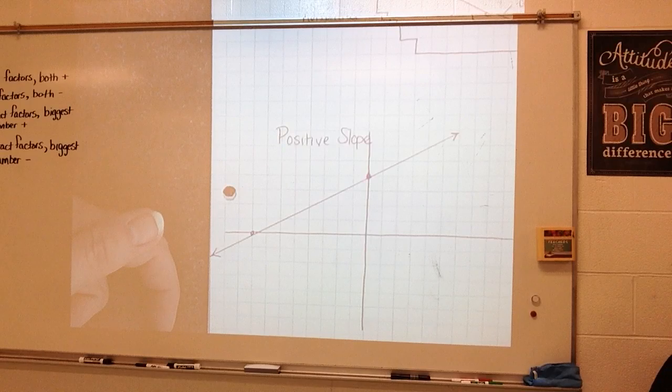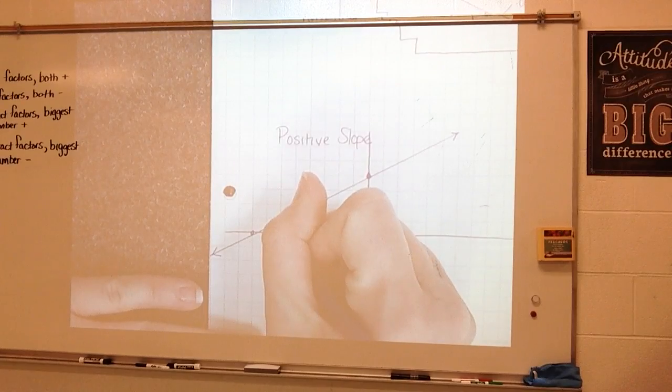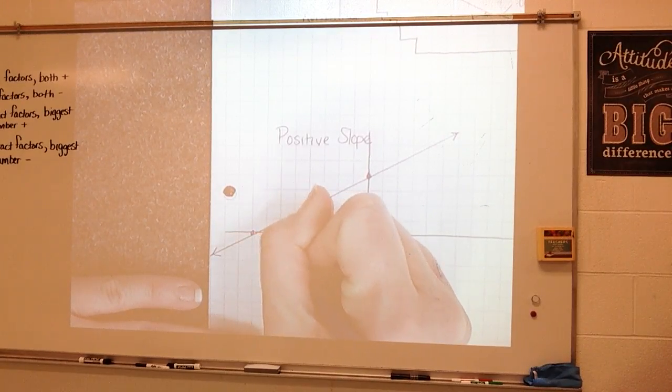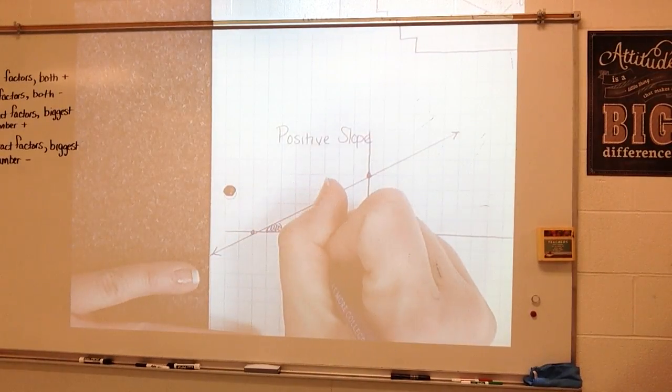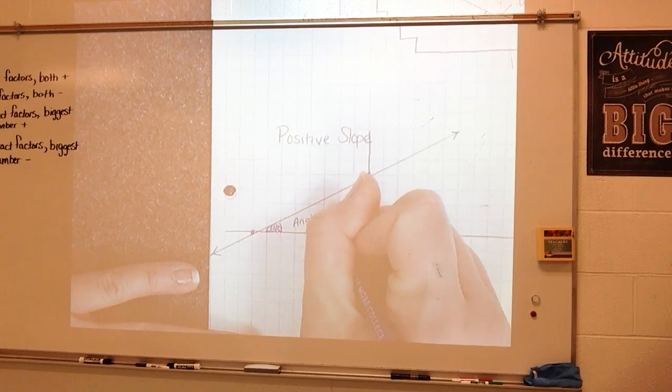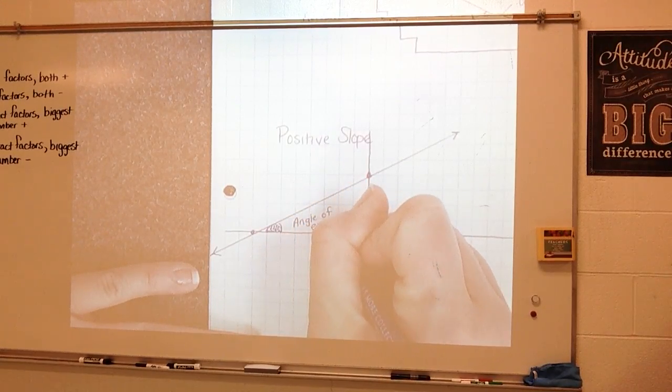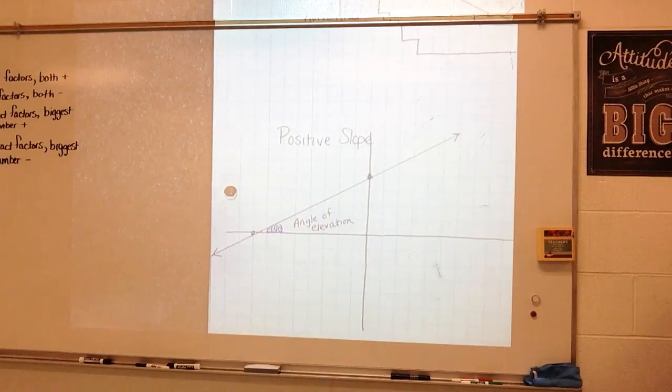Now I want to know what kind of angle it has. With it having a positive slope, this would be an angle of elevation. Positive slope means I'm looking up, so it is an angle of elevation.